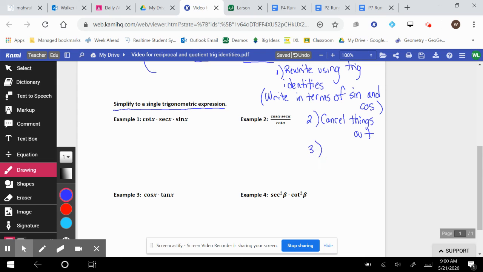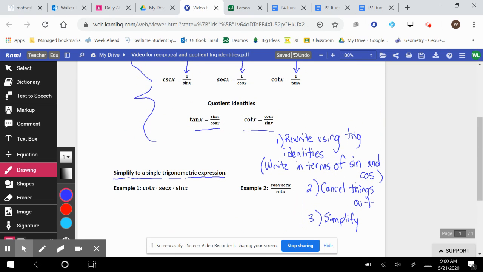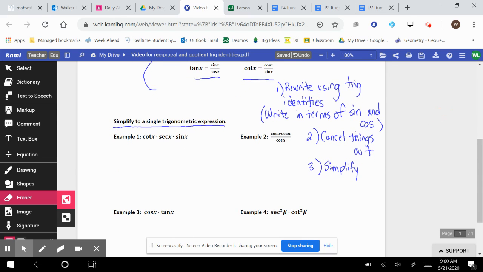And then 3 is going to be simplify. Okay, essentially step 3 is like, if my answer says cosine divided by sine, now I'm just going to simplify and write that that equals cotan. All right, so those are your 3 steps. Write that somewhere on your paper. Pause the video now if you need to take those notes.